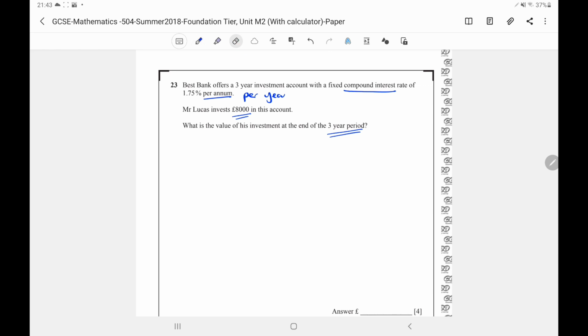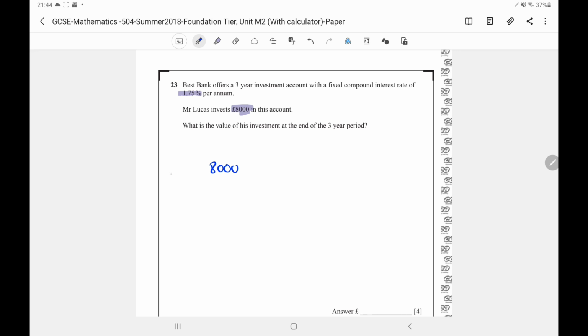There are certain important things to note here. 8,000 is what you start with. 1.75 is the interest rate.